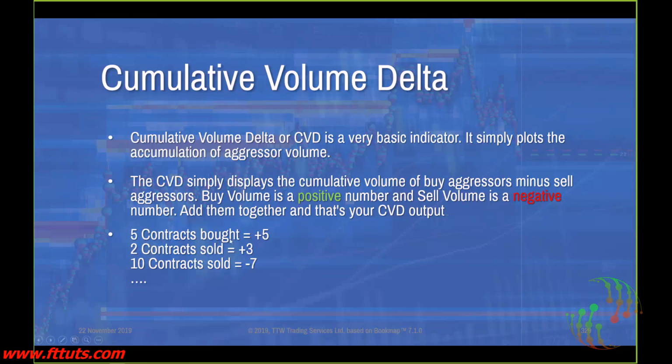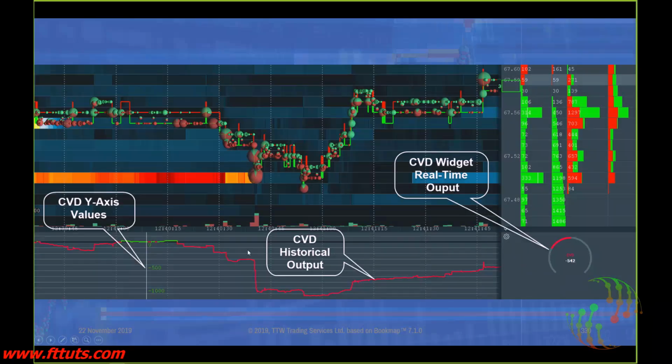So if you buy 5 contracts and you sell 2 contracts, you get +3 in this case, and if you sell another 10 contracts, you get -7. That's very, very obvious. So in your Bookmap you have the y-axis values here displayed by the thin white line.